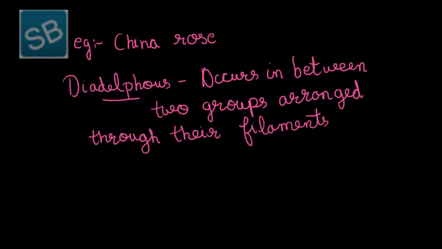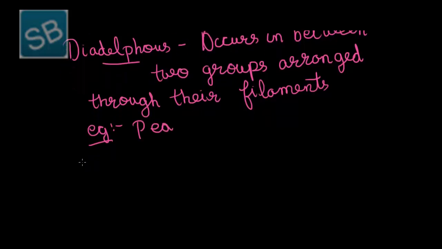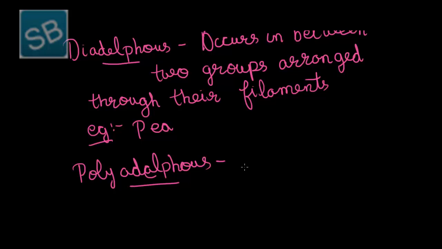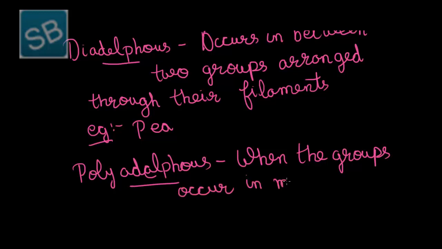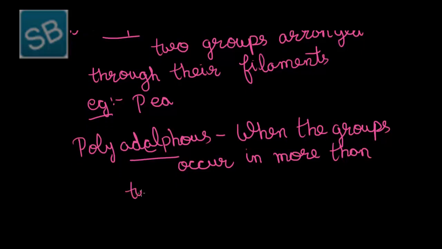Example for diadelphous stamen is pea. Thus, polyadelphous is when the groups occur in more than two forms or number, then such a type is known as polyadelphous.